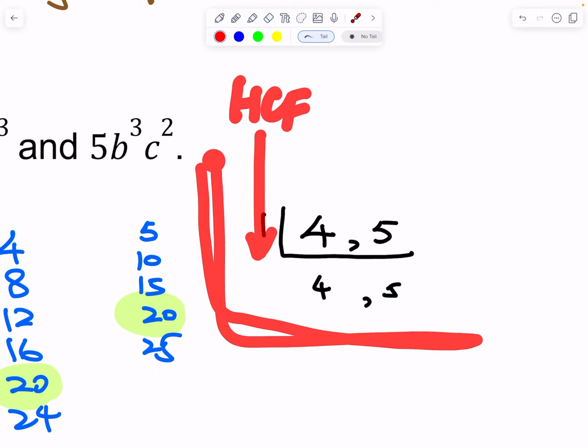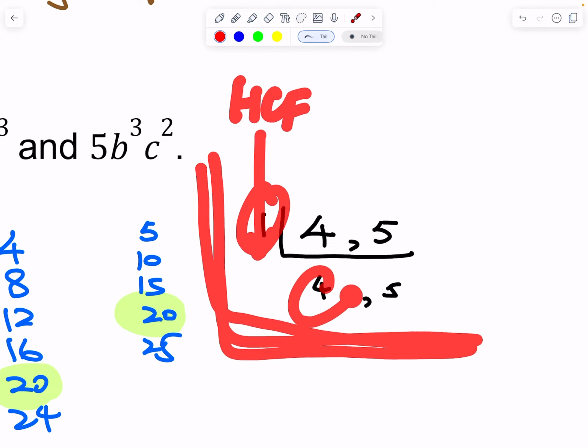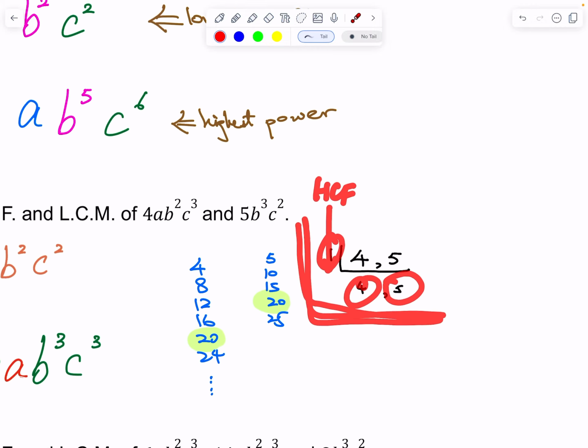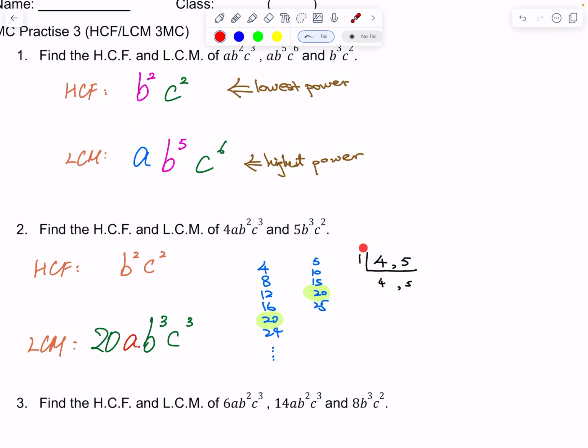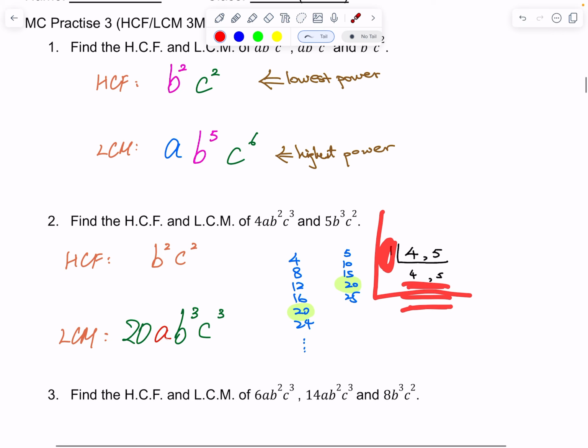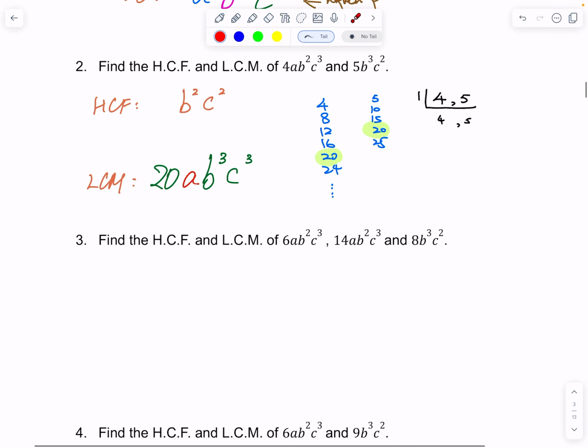That will be your LCM: 1 times 4 times 5. For HCF you just need to find the common ones, but for LCM, after finding the first factor, you also need to check if there are any other factors. Let's do the next one, and then you might understand what I was doing in the short division, because that one did not have anything special.